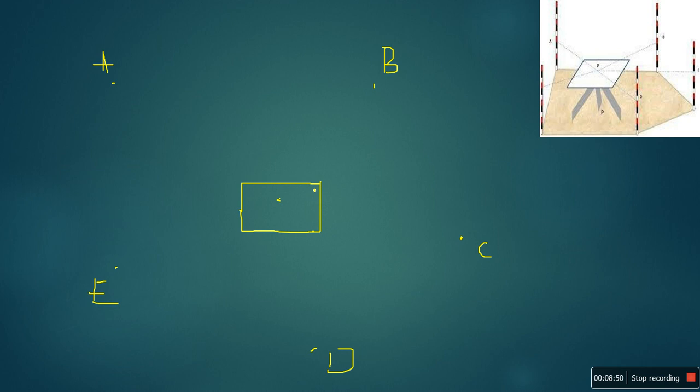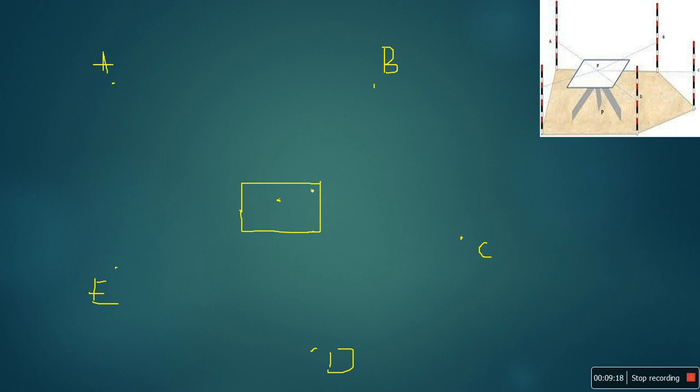Then you have to rotate your plane table instrument, or you can rotate the trough compass also. You can rotate the plane table by loosening the clamp, or rotate the trough compass, until the needle comes to the 0 degree.